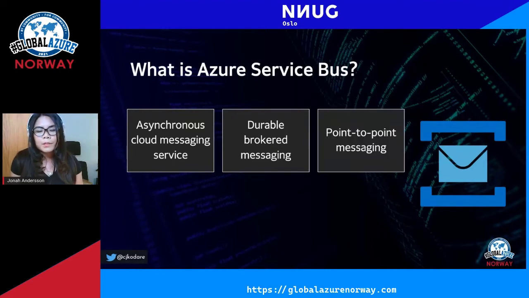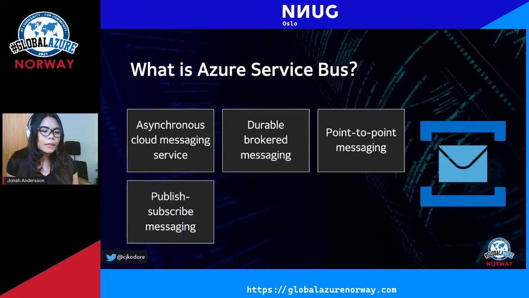Point-to-point messaging means you can use the first in, first out method for a queue, in which you have an order or sequence of your messages. The publish-subscribe messaging feature gives you one-to-many messaging, like a newsletter subscription.